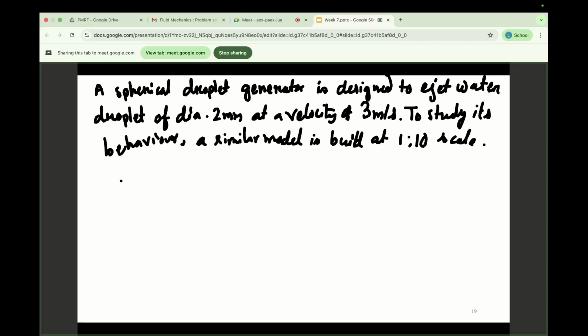So the question is: find the velocity at which the model droplet must be ejected.